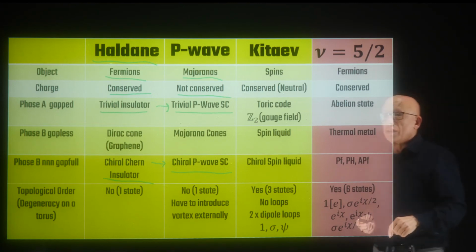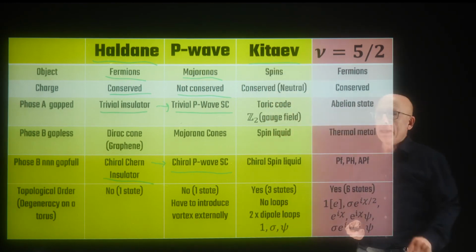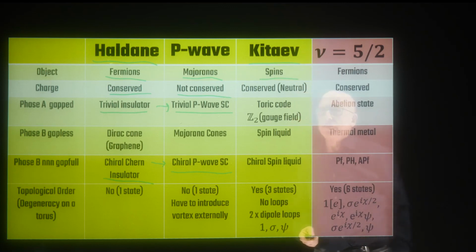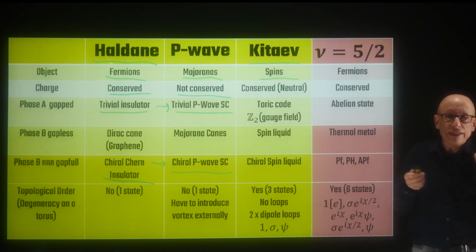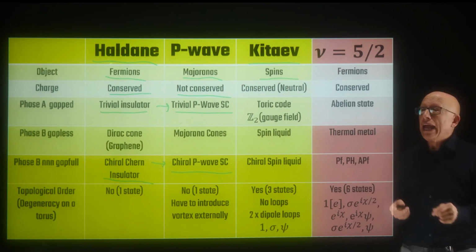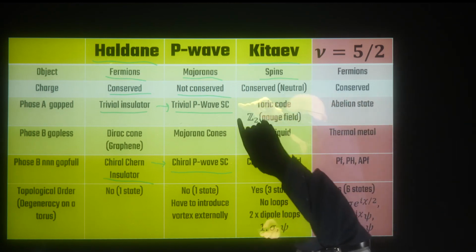Then we went on to the next step in the evolution, that's the spin model, the spin hexagonal model, where there are no charges to be conserved. But there are spin-spin interactions. It's not a quadratic Hamiltonian anymore, and it has analogous phases.